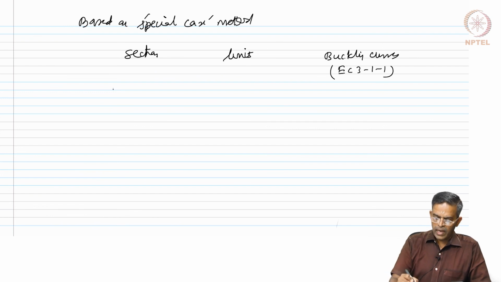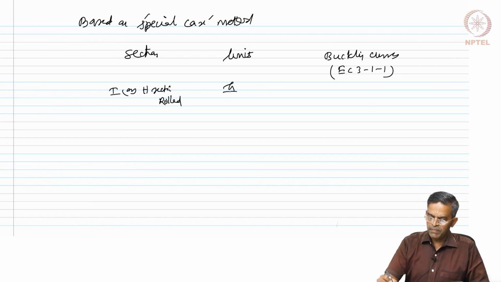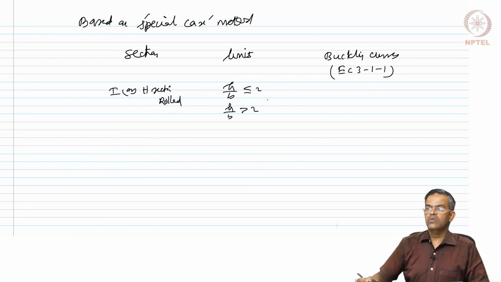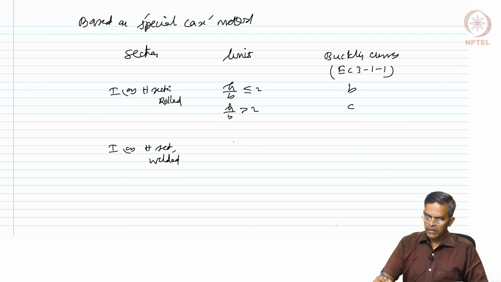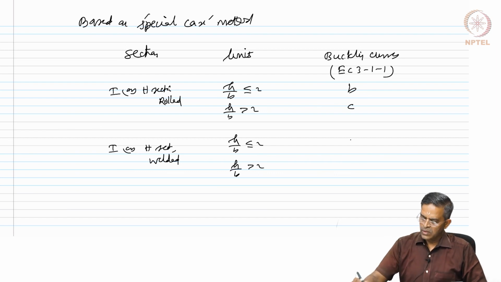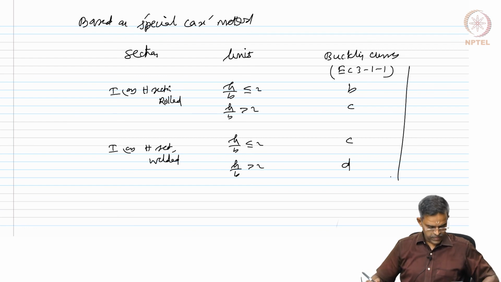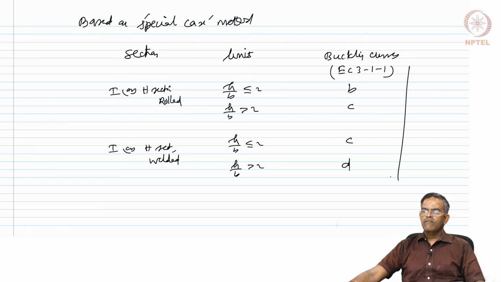For I or H sections which are rolled, if h by b is less than or greater than 2, then I can use the b or c curve. For I or H sections which are welded, that is built up sections, if h by b is less than or more than 2, I can use the c or d curve. This is recommended by the code when you start using the second method, the special case method.